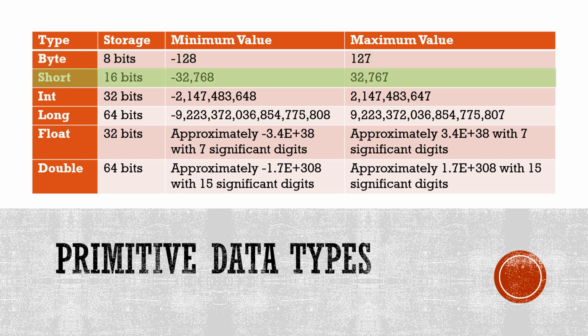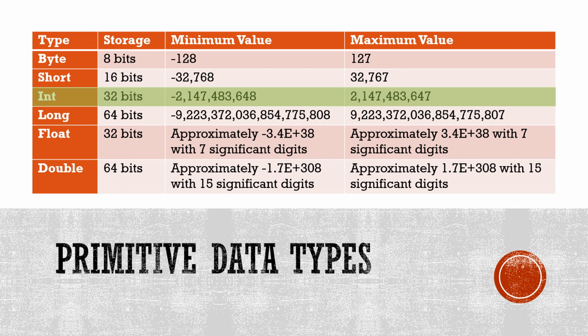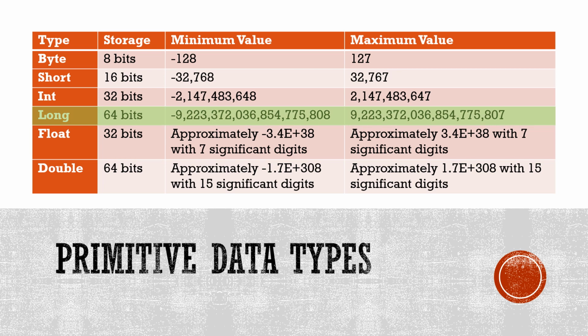Short is the next value, holding 65,535 characters. Integer holds 4,294,967,295 characters. And finally, long, which holds way more than you'll likely ever use unless you may be in NASA. But you will use long if the value is greater than the capacity of an integer.